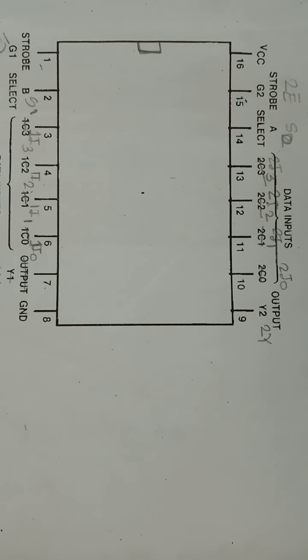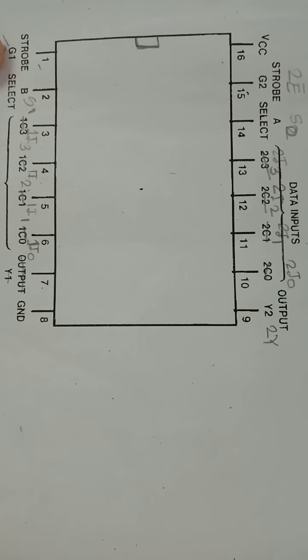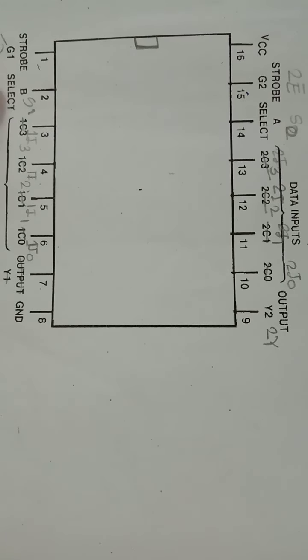If you see the pin diagram, it is a 16 pin IC. Pin number 1 is the strobe, and pin number B is the select.